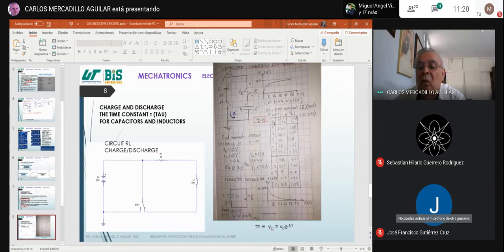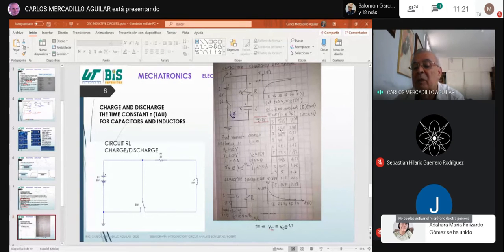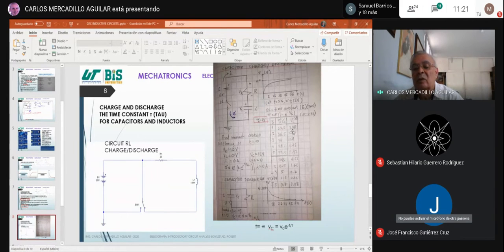For t equals 1 tau, the value of this expression is 0.632 before multiplying by 12. When we multiply it by 12, it is 7.58 volts. But what I want to tell you is that for time equals 1 tau, we have about 63% of the charge here.